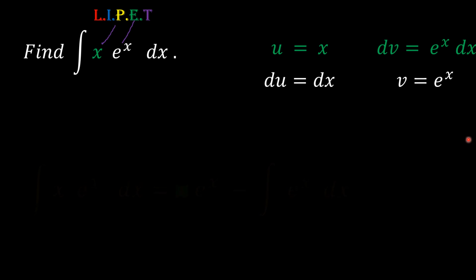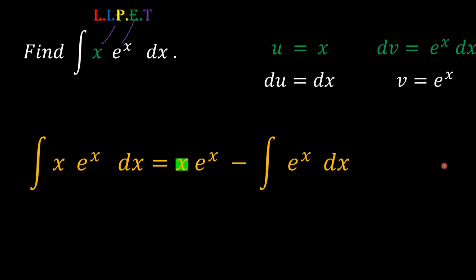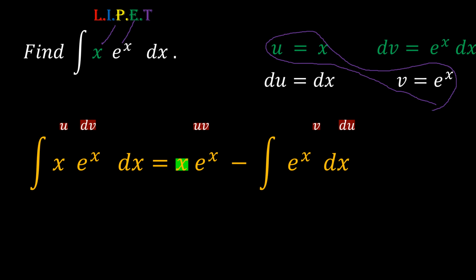Now we're going to write our formula, and let's label them. The integral of u dv is equal to uv. Remember that we multiply these two all the time, uv.